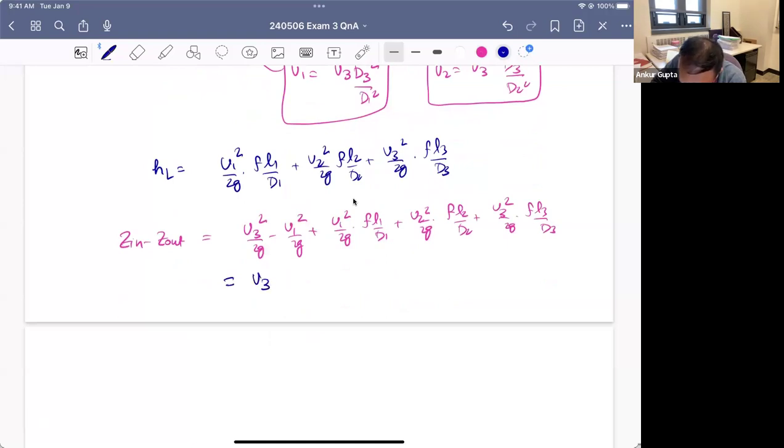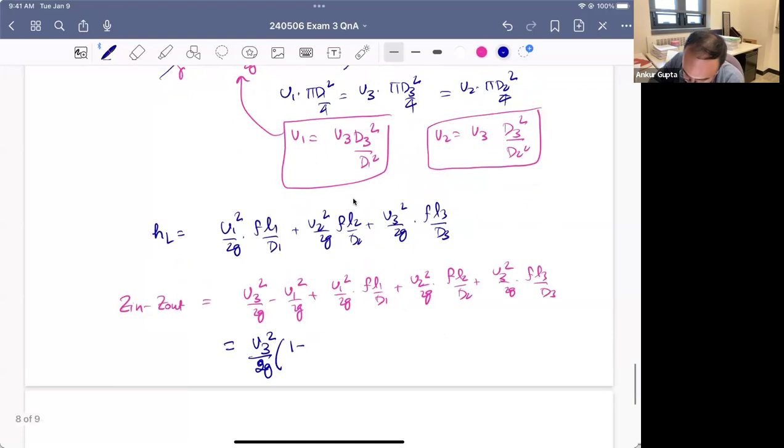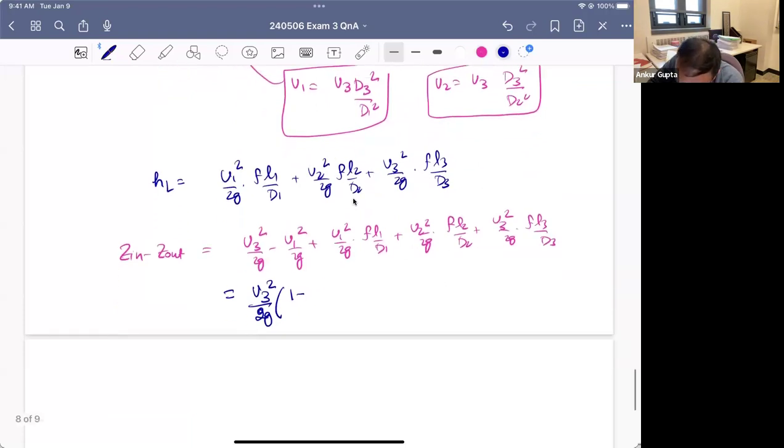Now it's important to see, I can say U3 square by 2G times 1 minus U1 square by U3 square. Now U1 by U3 is D3 by D1, so this is D3 to the 4 by D1 to the 4, because this is U1 square by U3 square. Then I can also say F is common.